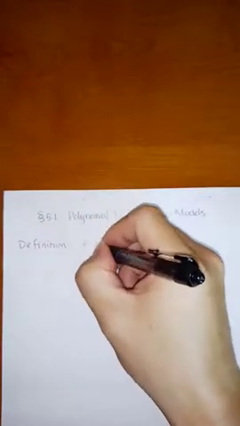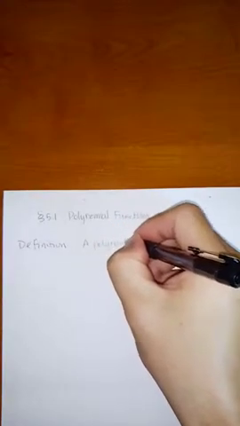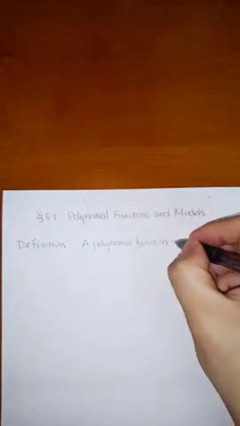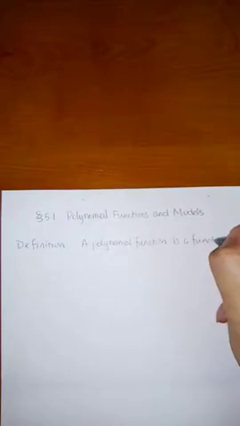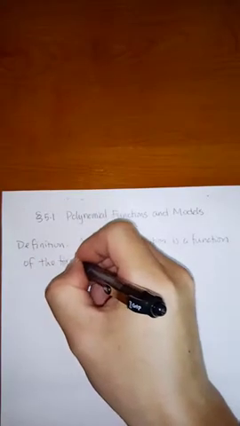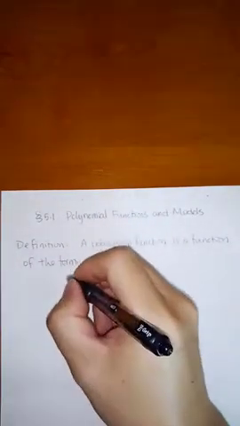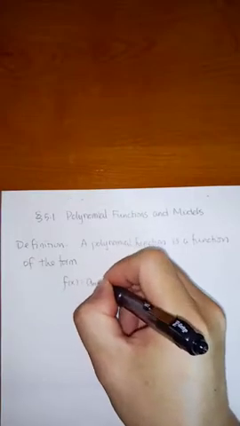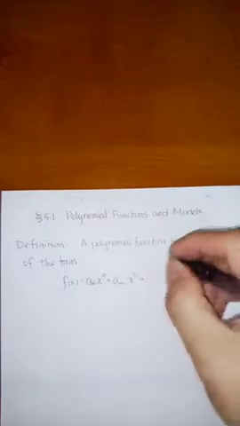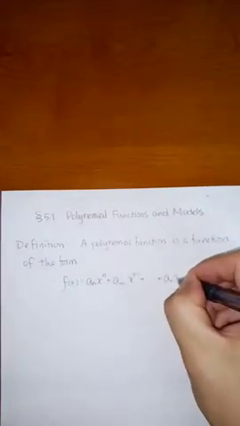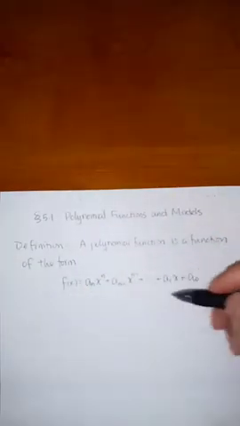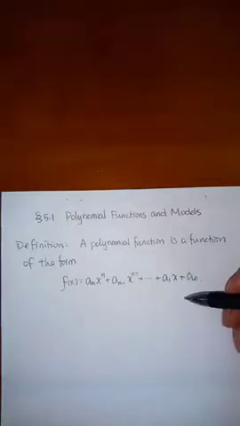A polynomial function is a function of the form f(x) = a_n x^n + a_{n-1} x^{n-1} + ... + a_1 x + a_0. Whenever you have a function of such form, it's called a polynomial function.